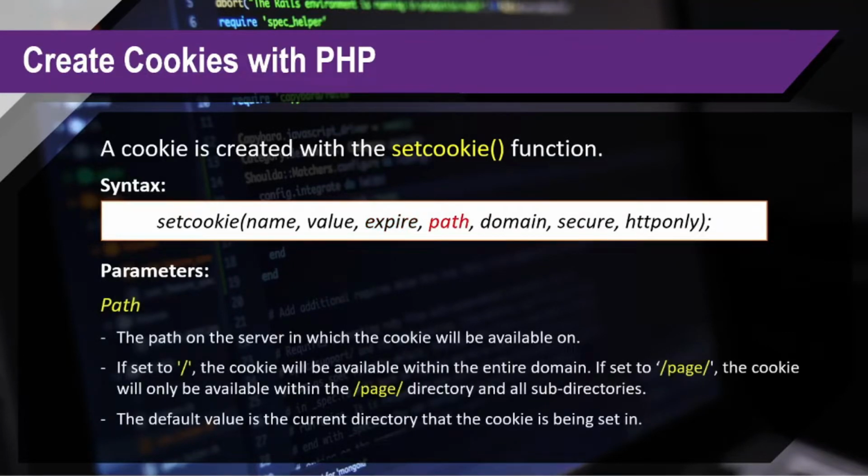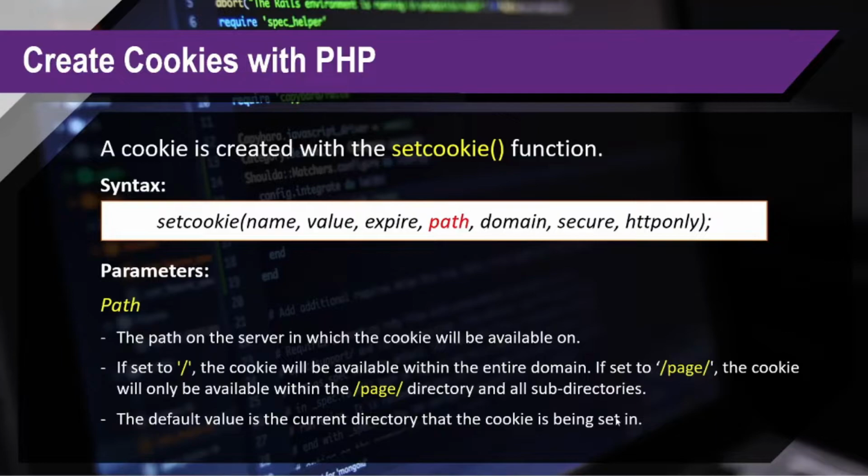Okay, path. So the path is the path on the server in which the cookie will be available. So if set to slash, the cookie will be available within the entire domain. If set to slash page slash, so ito yung page, this is the available directory on your server.